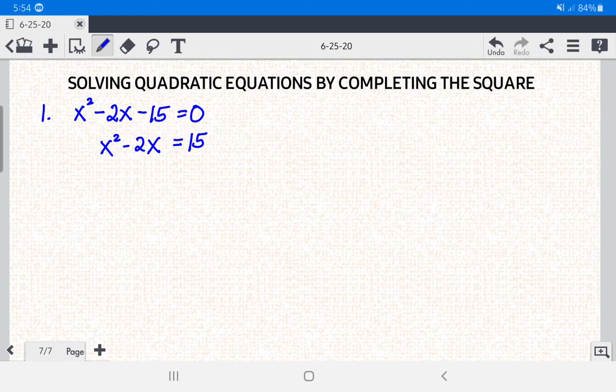Then we identify the term to be added to both sides of the equation to make a perfect square trinomial. So we have x squared minus 2x plus blank equals 15 plus blank.